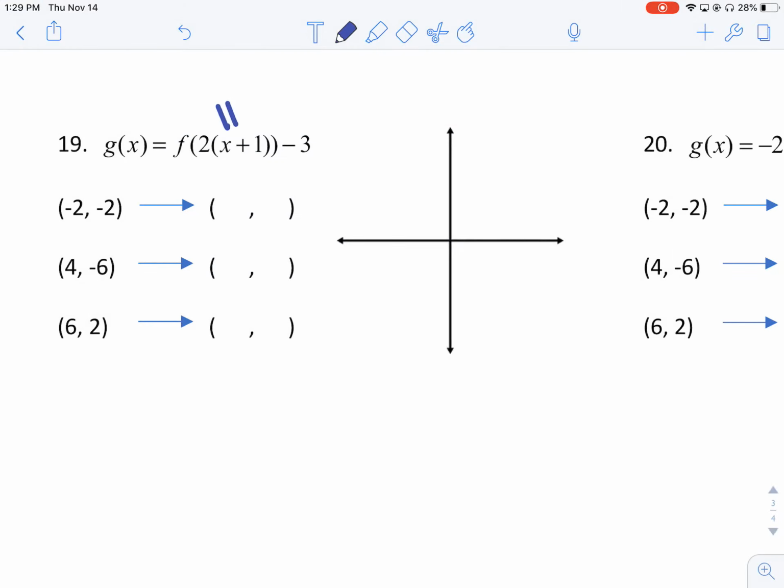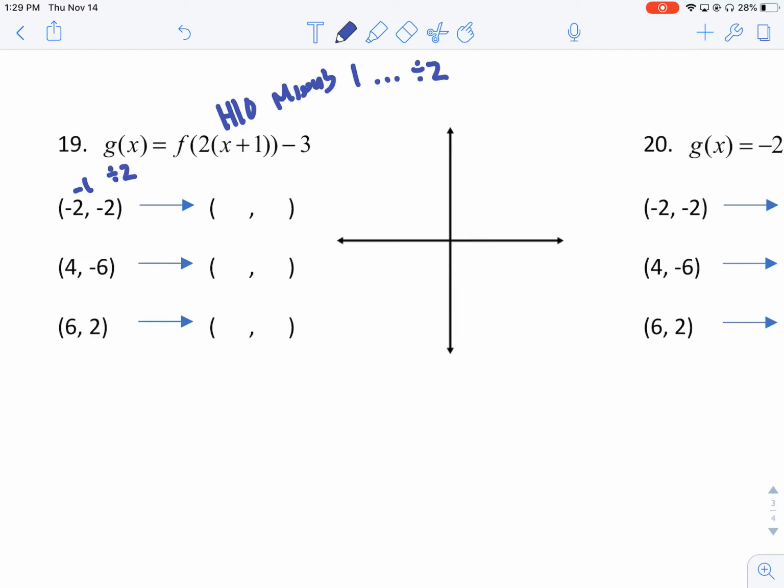On this one, the HIO stuff, all these points, you're going to subtract 1. So you do the opposite, so plus 1 becomes minus 1. And then if it's times 2, you're going to then divide by 2. So all of them you're going to minus 1, divide by 2.